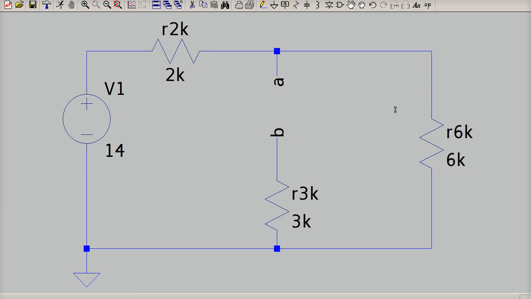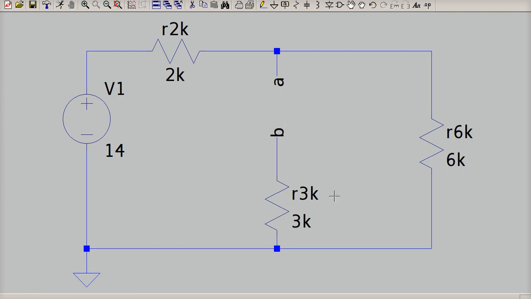So if I look at that, then what I have now is without the 5K resistor, I only have one current path. I have a current path around the outside of this circuit. I have no current through the 3K because this is open.